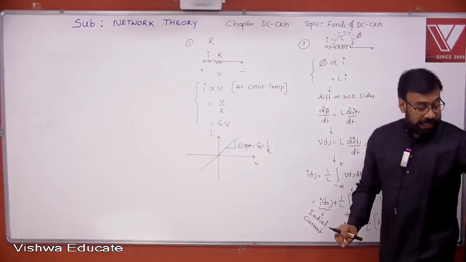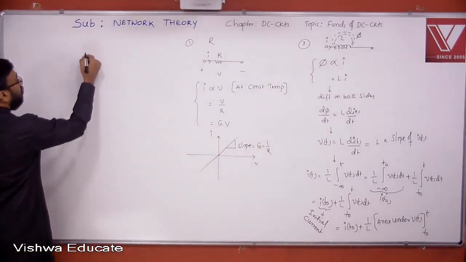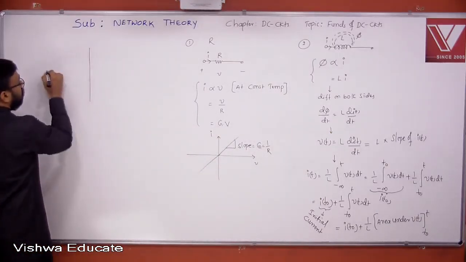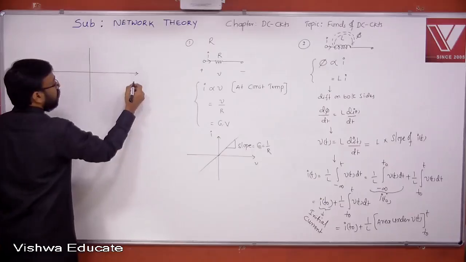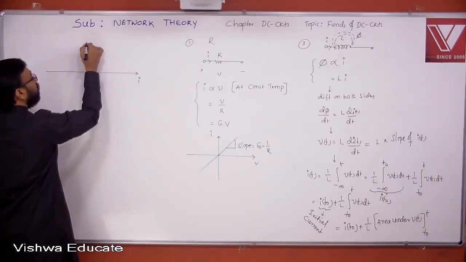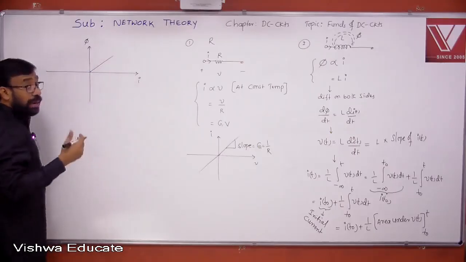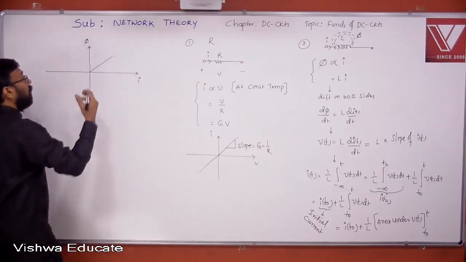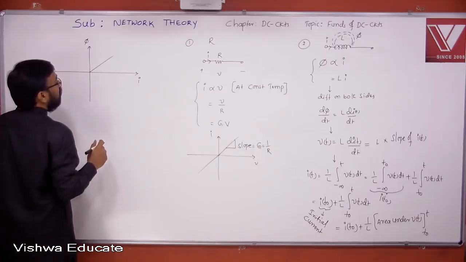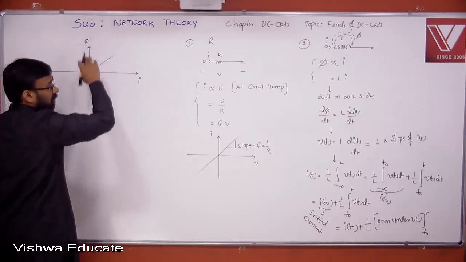Coming now to the characteristics. Now look at these characteristics. Taking current on the y-axis and flux on the x-axis, it is again a line passing through the origin. That means when you double the current, the flux will also be doubled. But it does not mean that if you take infinite current, you will get infinite flux.